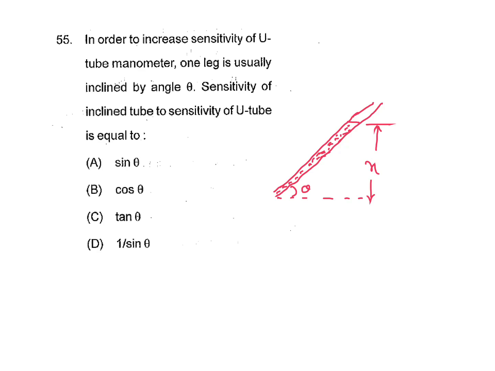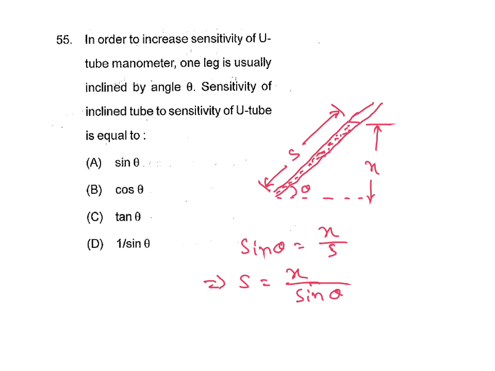This length is s. So sin theta equal to x by s, and s is x by sin theta. So sensitivity of inclined to the sensitivity of U-tube is equal to x by sin theta. 1 by sin theta is our answer.